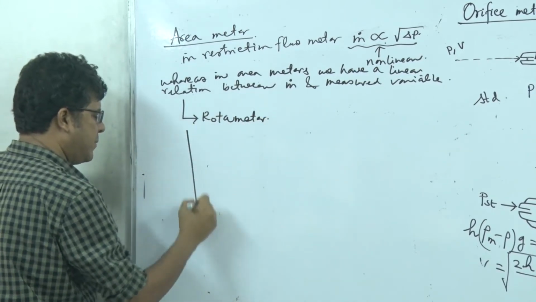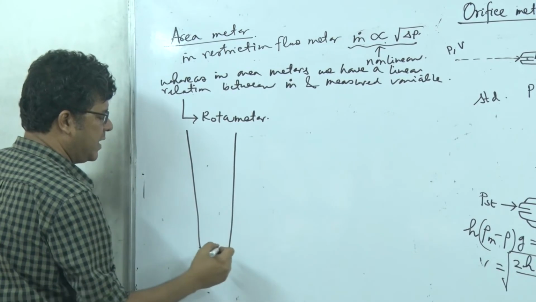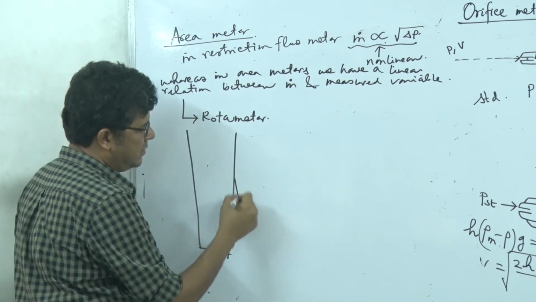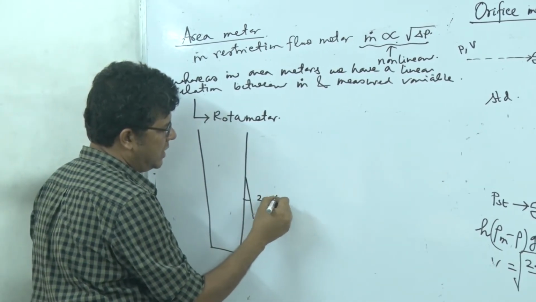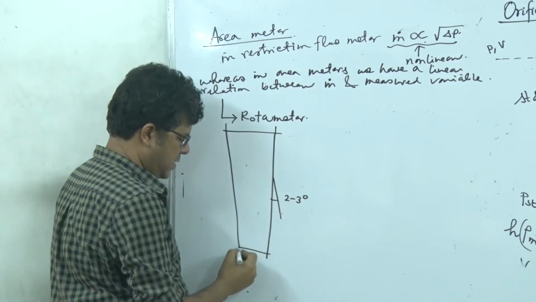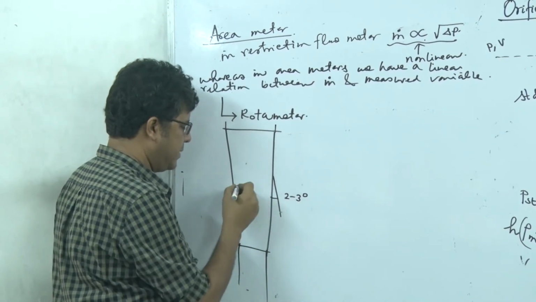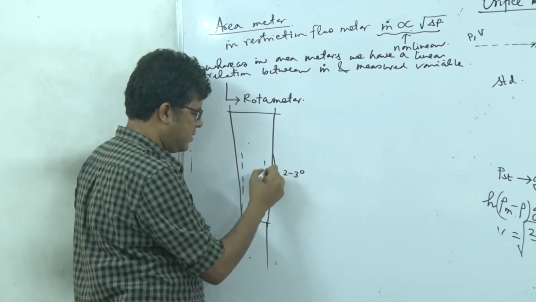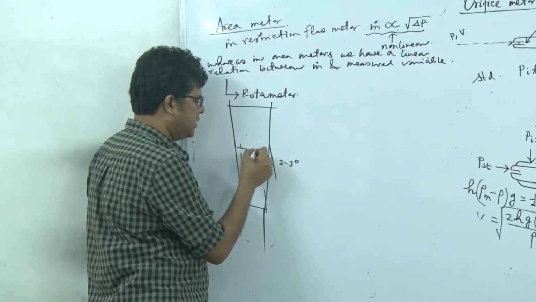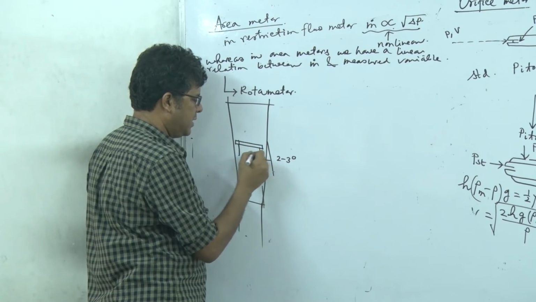It's a tapered tube. Definitely the angle of tapering is rather 2 to 3 degrees, right? And here we will connect it to the pipe, and we have a float, right? A metal or plastic float like this.